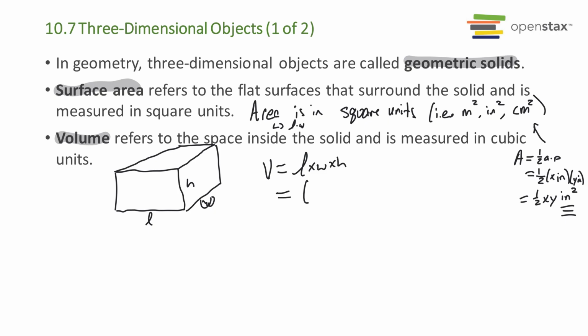So again, if we did x meters, y meters, and z meters, then the volume is going to be x times y times z meters cubed, because there were 3 of them. So it's cubic units for volume.